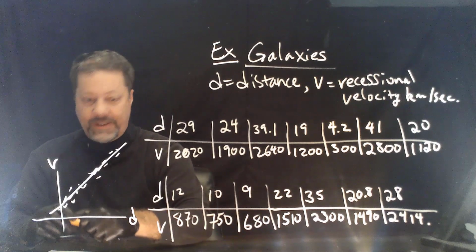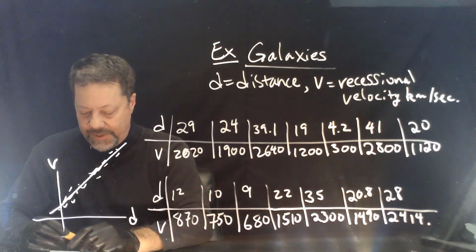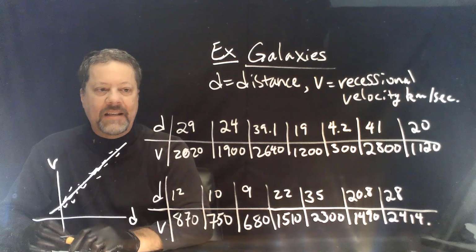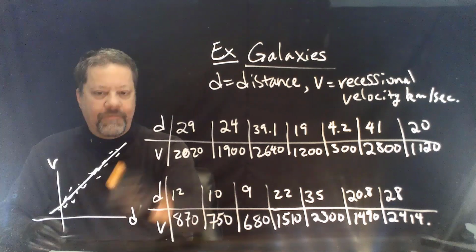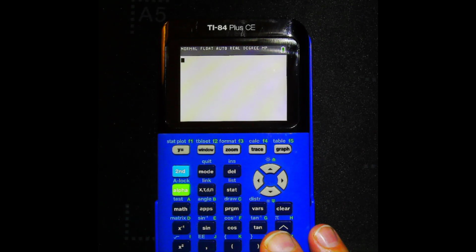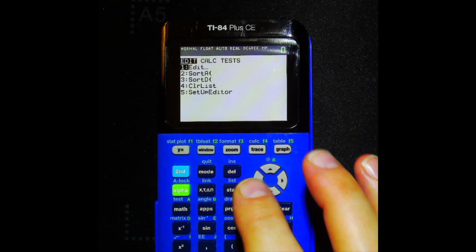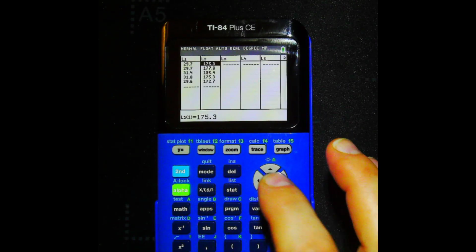Is there a linear relationship? What is the correlation coefficient? And can we calculate the least squares line of best fit? Typing the data in again, I'll go to Stat Edit.